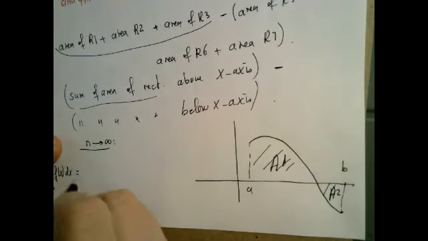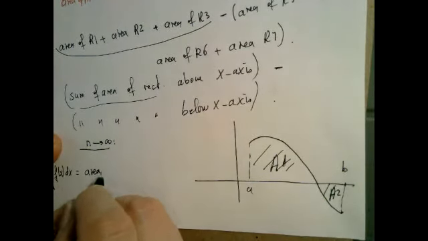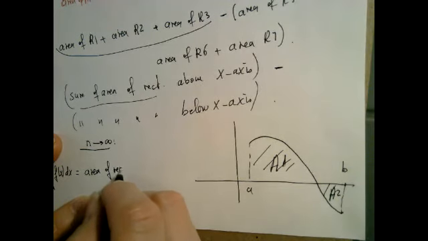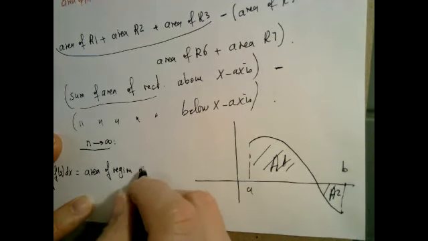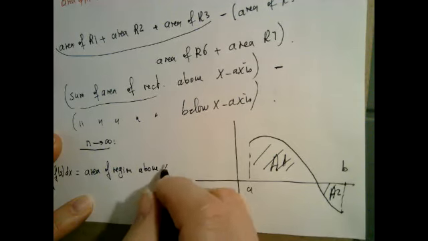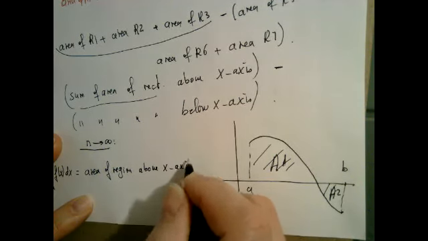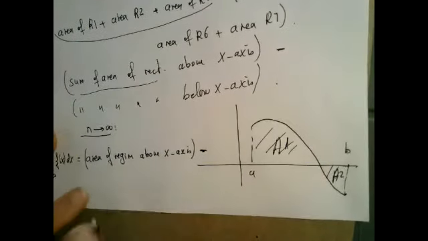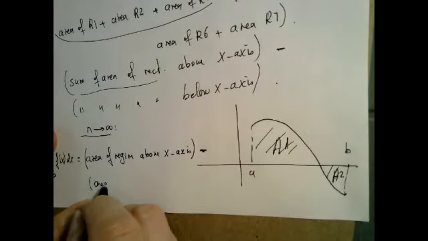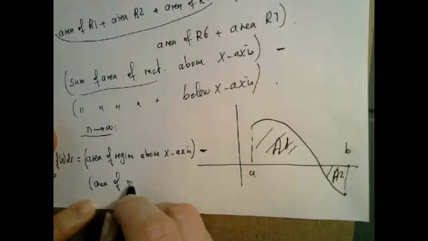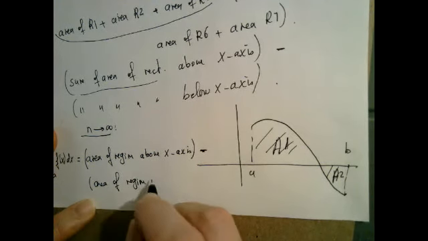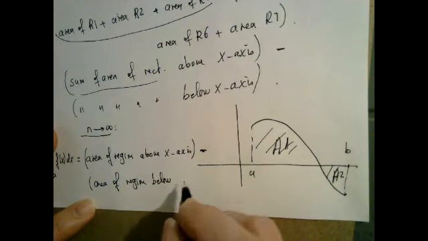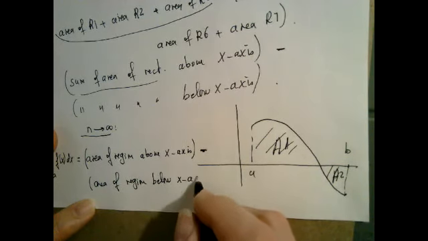So the integral is going to be the area of the region above the x-axis minus, big minus, the area of the region below the x-axis. And this is totally coming from the definition of the definite integral, because it's a Riemann sum.